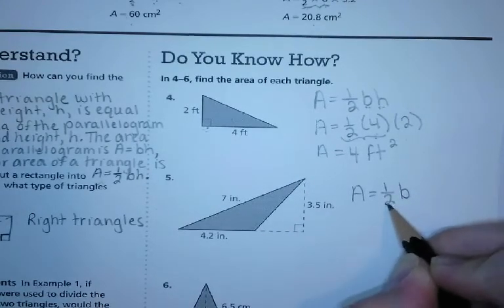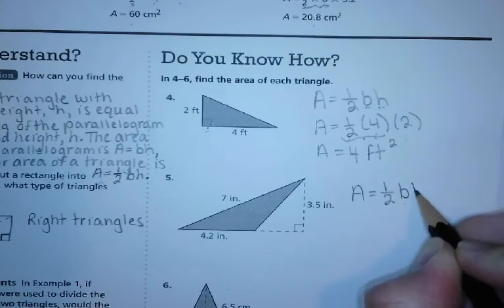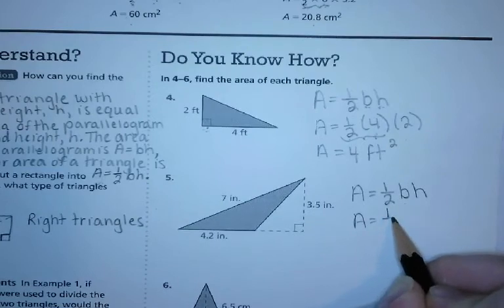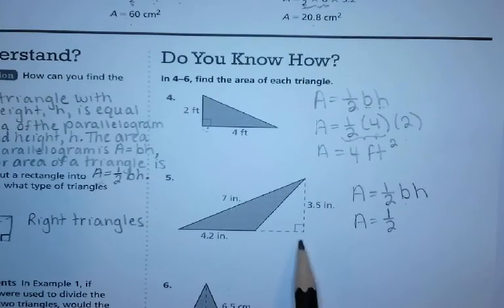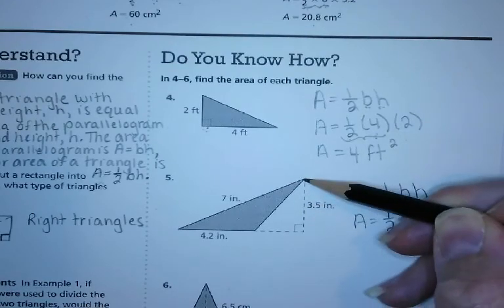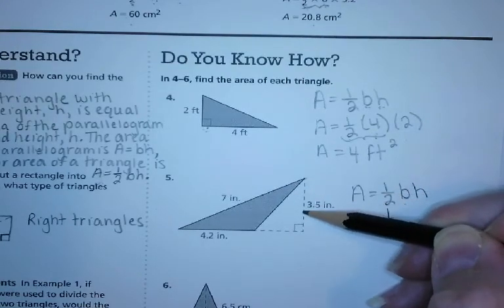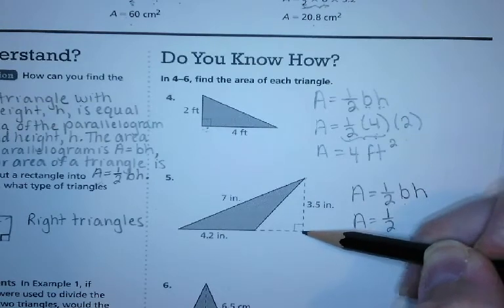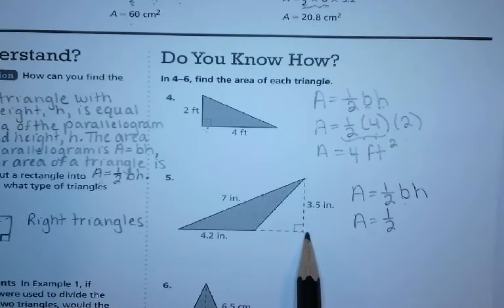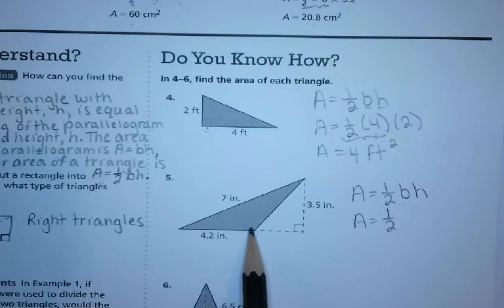So it would be half the area of a parallelogram, which is base times height. We're going to bring down that 1/2. Now, you have to know where the height is. So we're going to use this top vertex. We're going to drop that line down. It's going to end up being on the outside of the triangle. And then so your right angle ends up here. And so this would be the base, because the base is going to run horizontal to that line.